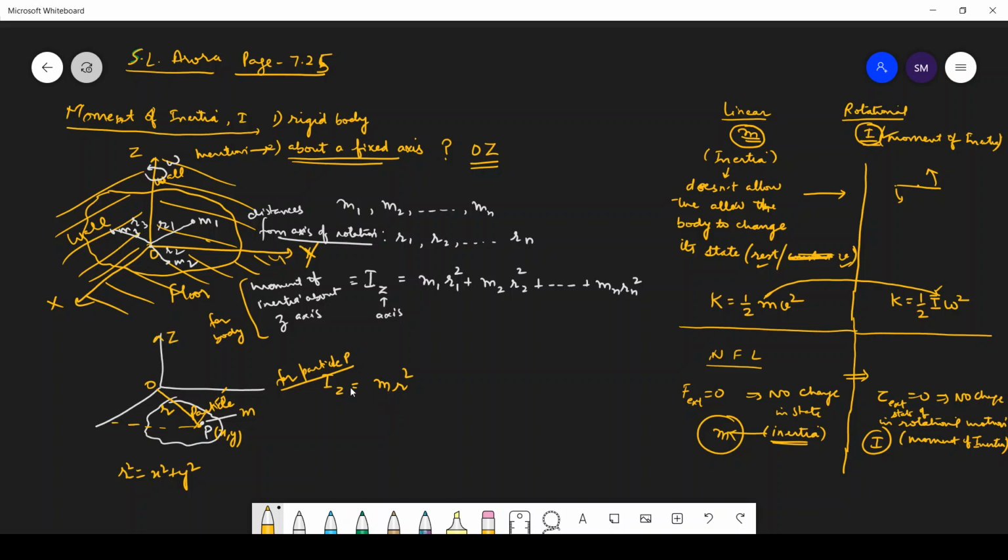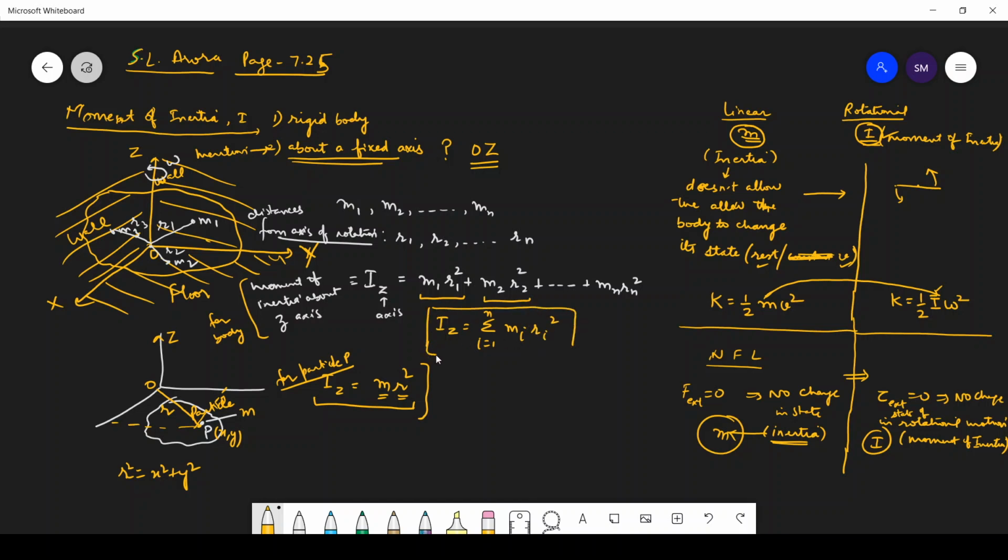That's how we have written moment of inertia of particle with mass m1 plus moment of inertia with particle mass m2. So this is a general formula: for a particle of mass m and distance from the axis r, it is m r square. Now if you add all these, you will write them in summation form: summation i equals 1 to n, mi ri square.